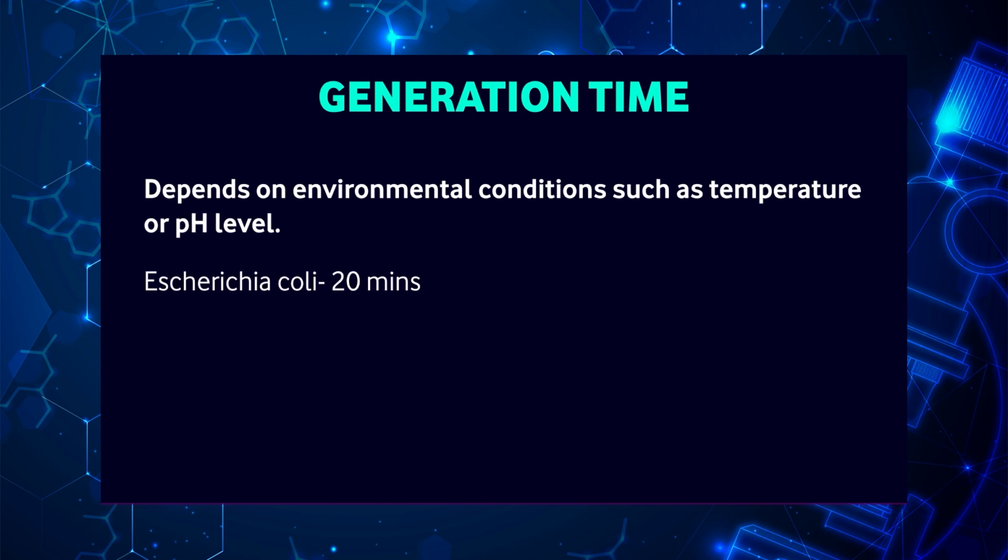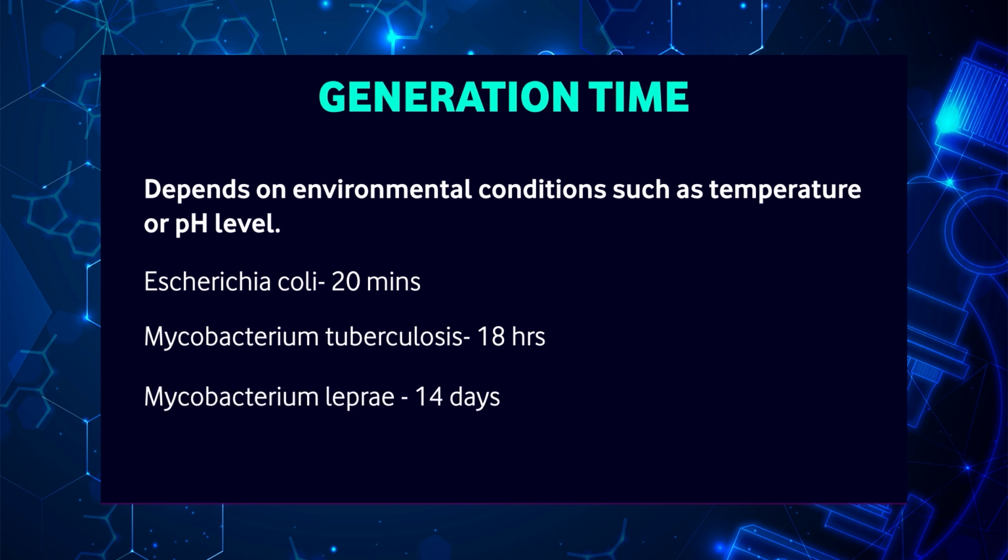Escherichia coli is a very common microorganism that you find in the human gut and in the gut of many eukaryotic organisms. Its generation time is 20 minutes. The generation time for Mycobacterium tuberculosis, which causes tuberculosis in humans, is 18 hours. It takes 18 hours to double the population. The same goes for Mycobacterium leprae, which causes leprosy in humans. Its generation time is 14 days.